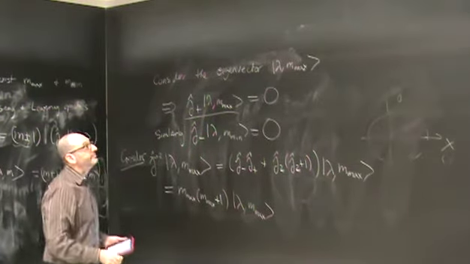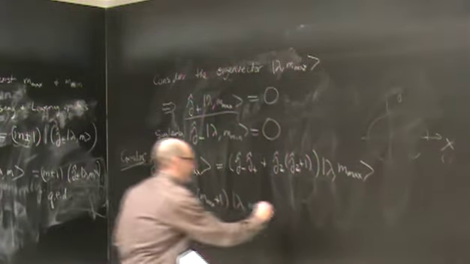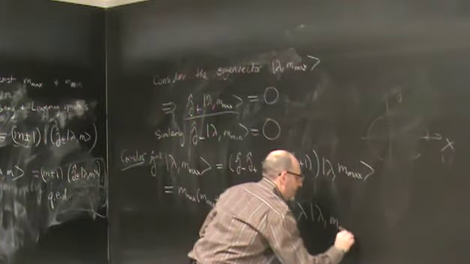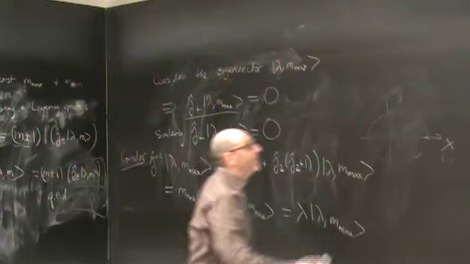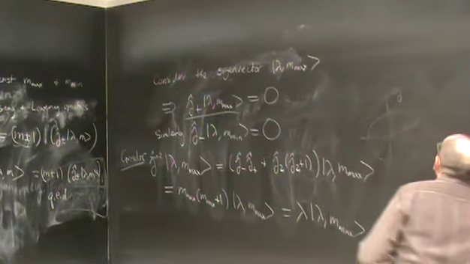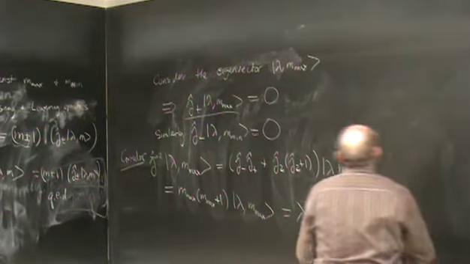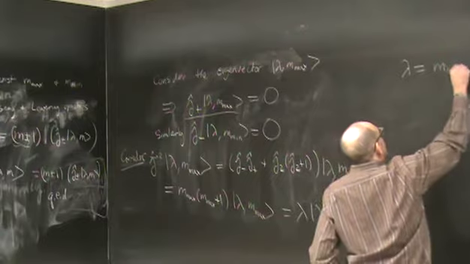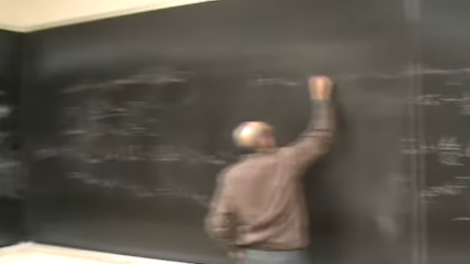So lambda is related to this maximum value of m. So the eigenvalue of J squared, which we call lambda, is equal to m max times m max plus 1.